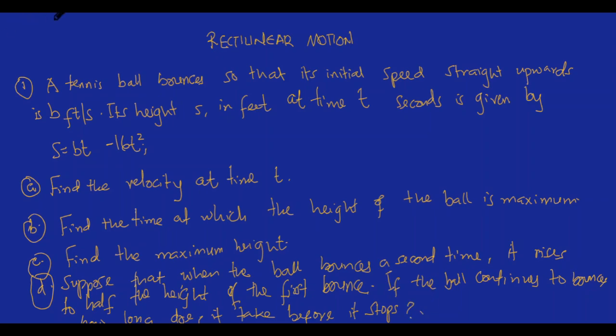So this is a very interesting question. Let's take a look at it. Let's represent the initial speed as v naught. We're told that its initial speed is b feet per second and its height is s, and s is given by bt minus 16t squared.